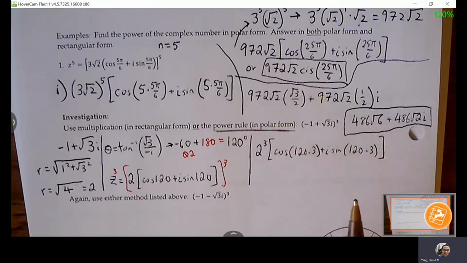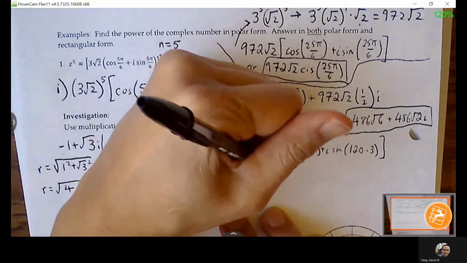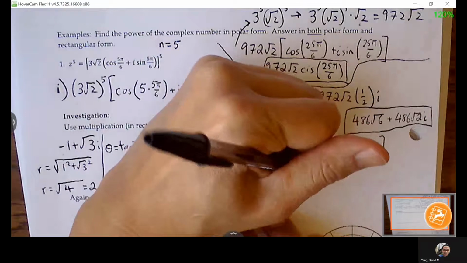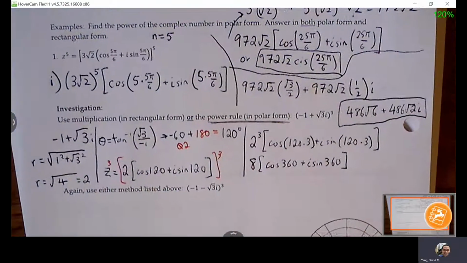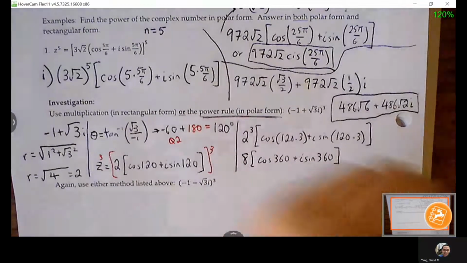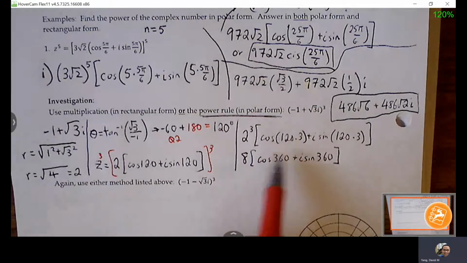Okay, so 120 times 3 is 360. So when you have your cosine and sine showing, that's polar form. And if I want to convert it to rectangular form, I can just work this out, distribute the 8 through.